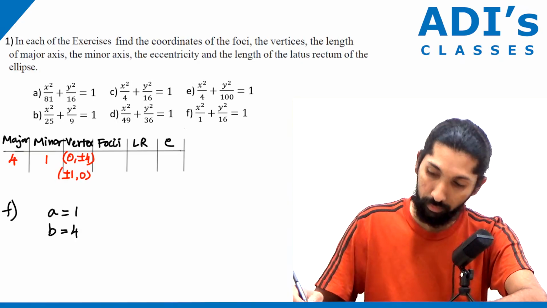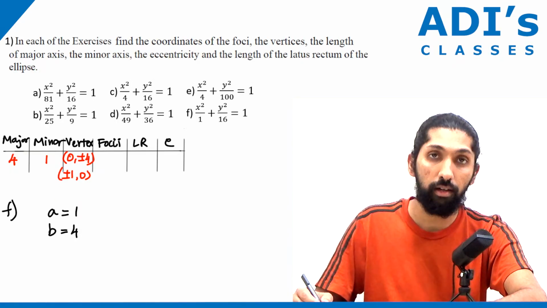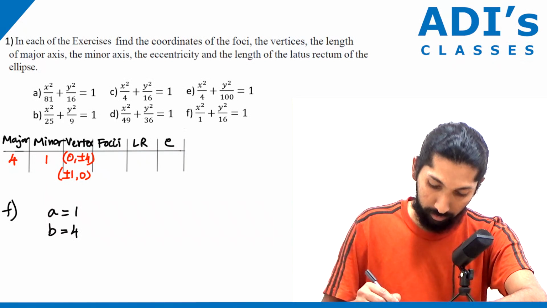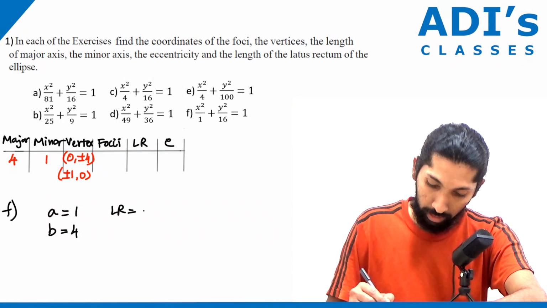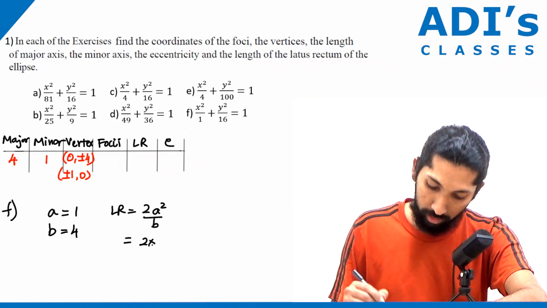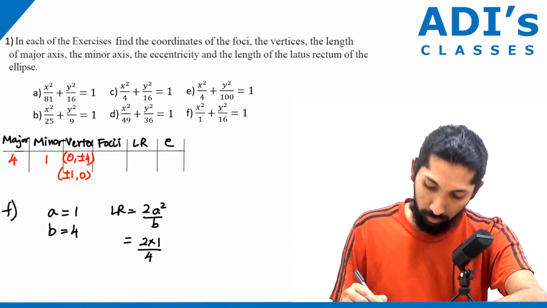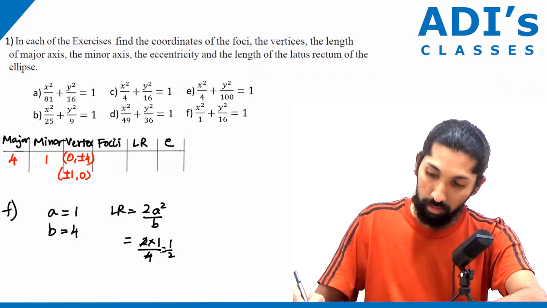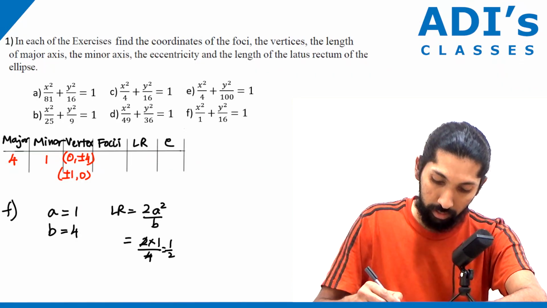These are the vertices. Now LR is equal to 2a square by b. So 2 into 1 divided by 4. Half. So what are we going to have here? LR is going to give us half.